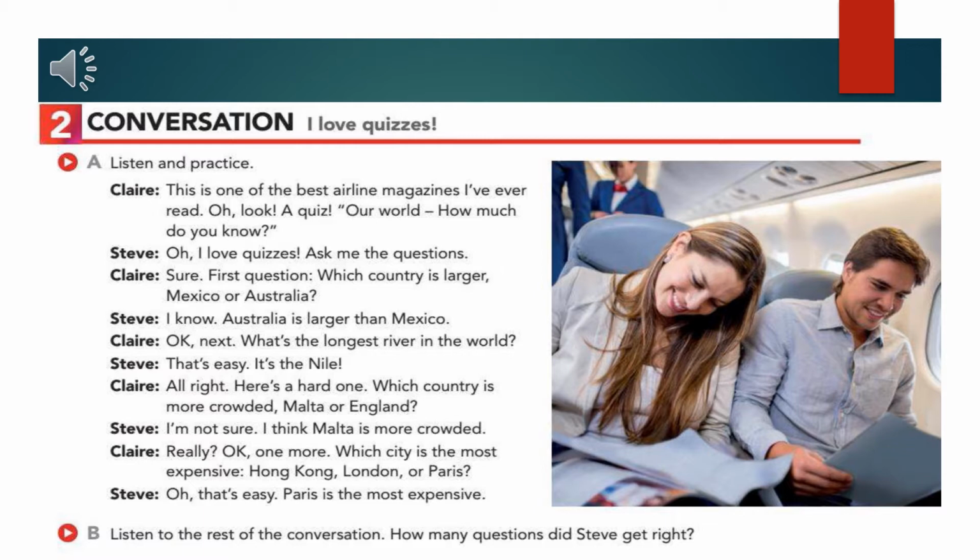That's easy. It's the Amazon. All right. Here's a hard one. Which country is more crowded, Malta or England? I'm not sure. I think Malta is more crowded. Really? Okay, one more. Which city is the most expensive, Hong Kong, London, or Paris? Oh, that's easy. Paris is the most expensive.